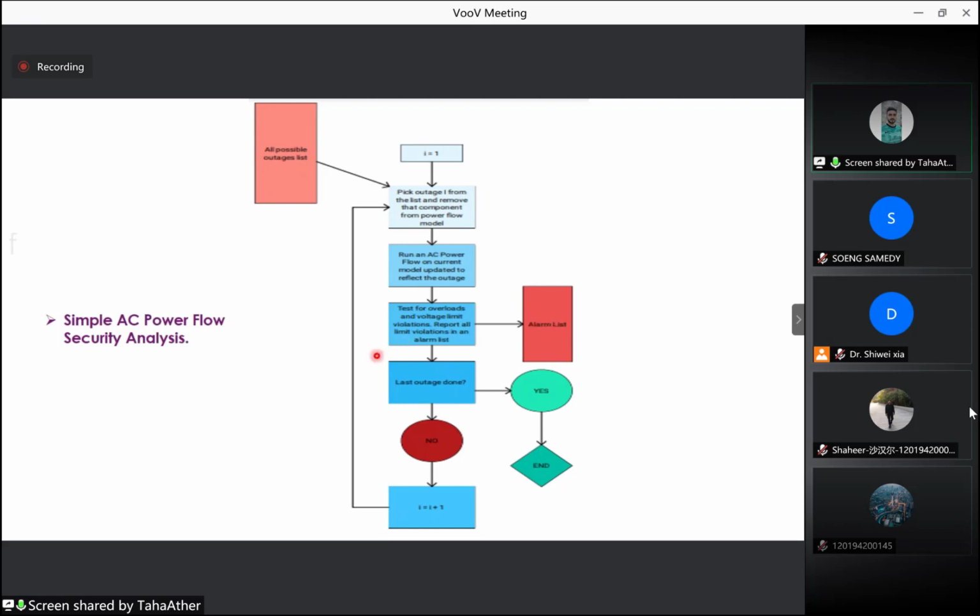The simplest AC security analysis procedure consists of running an AC power flow and system analysis for each possible generator, transmission line, and transformer outage, as shown in this flowchart. This procedure will determine the overloads and voltage limit violations accurately, at least within the accuracy of the power flow program, the accuracy of the model data, and the accuracy with which we have obtained the initial conditions for the power flow.